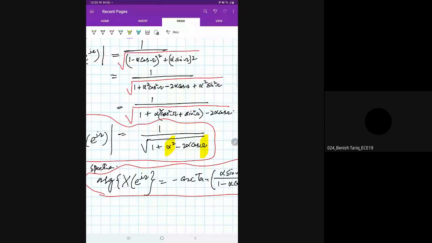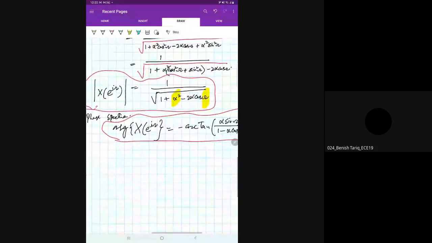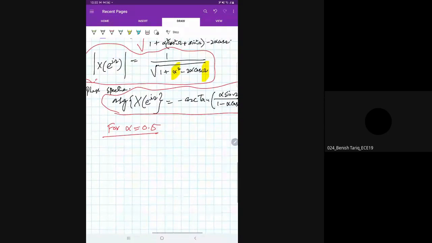Now you have another variable alpha. So let us first fix alpha. हम कहेंगे for a value of alpha equal to 0.5. अगर हम assume करेंगे that value of alpha is 0.5, ठीक है, तब जो हमारा ग्राफ दिखेगा it will be something like this. So let us say this is omega, frequency.